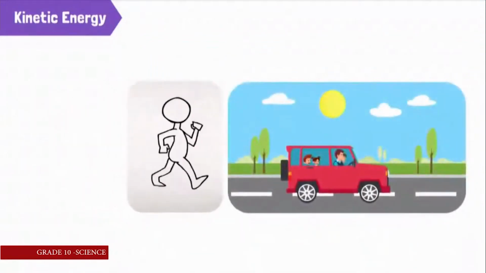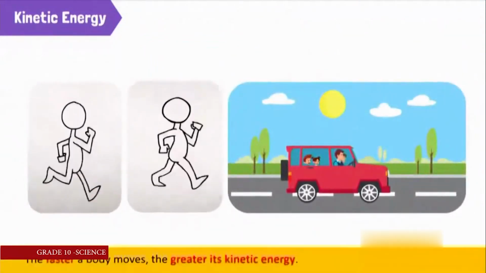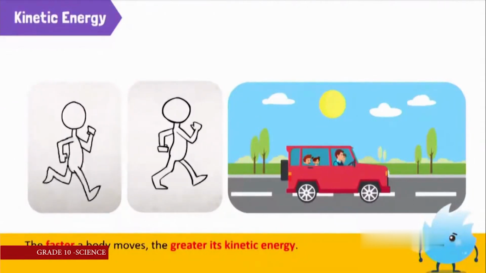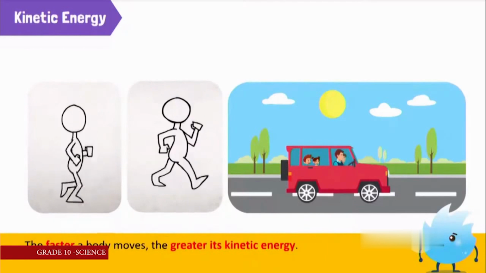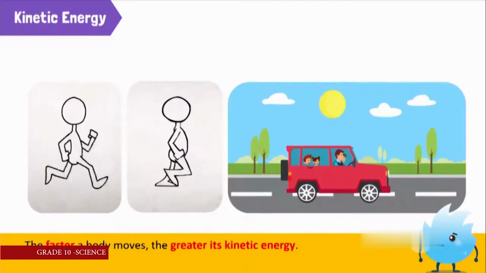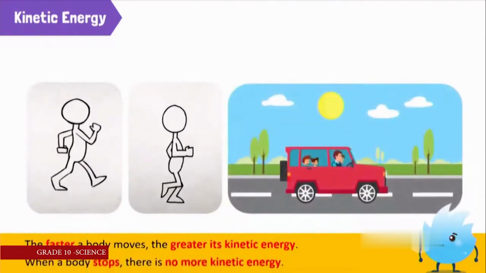Even your body possesses kinetic energy when you walk and when you run. The faster a body moves, the greater its kinetic energy. So, when you run, you have more kinetic energy than when you walk. When body stops, no more kinetic energy in it.